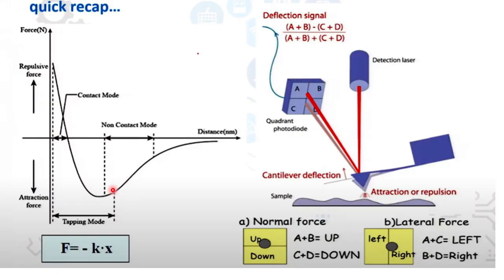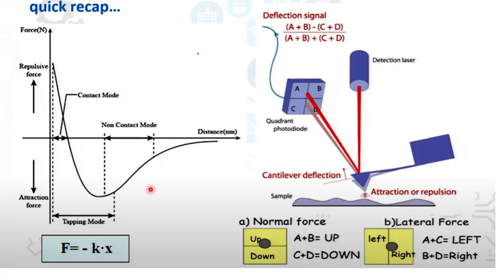And in non-contact mode, it is in between, where the attraction force is much more dominating. And whenever it is going in the upward direction, or the distance between the tip and the atom is increasing, obviously the force will be very weak.